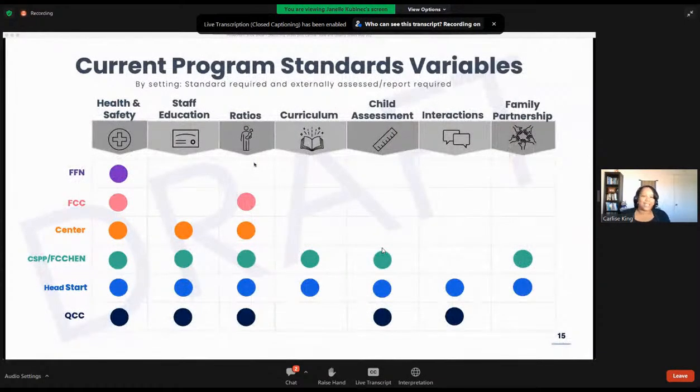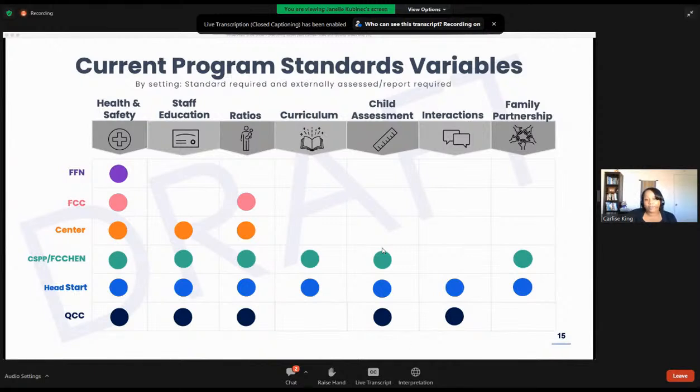So I want to thank WestEd for helping with this summary design. This table is a high-level summary of the materials that were shared with the work group last week, outlining different types of care designations and program requirements. So as you can see, there are different requirements for different types of care currently.